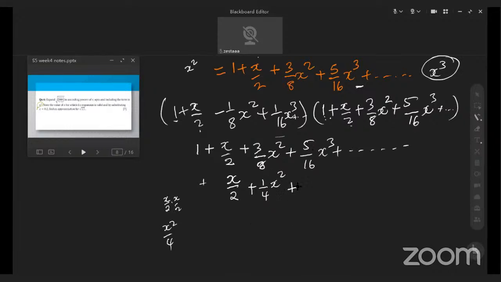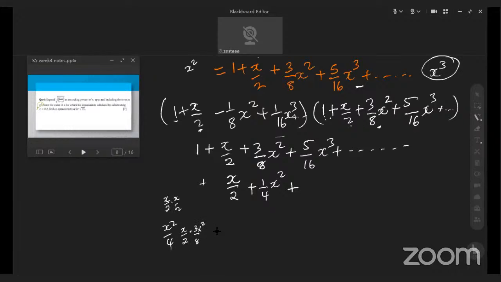Then you continue plus. Still we are here. Okay, x over 2 times 3 over 8. So we have here our x over 2 times 3 over 8, maybe 3x squared.